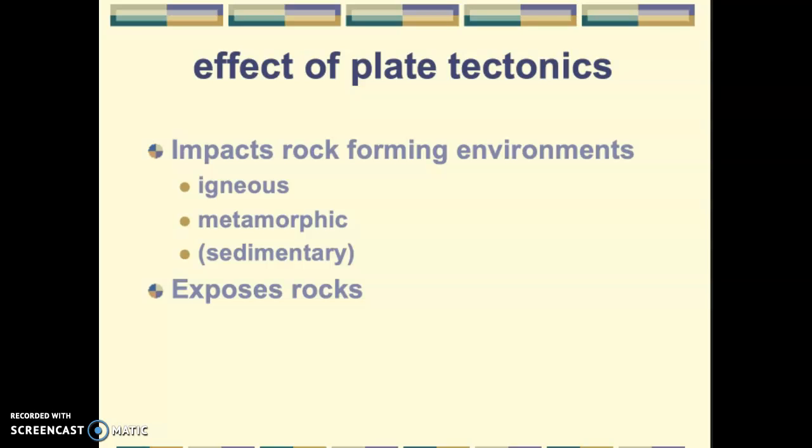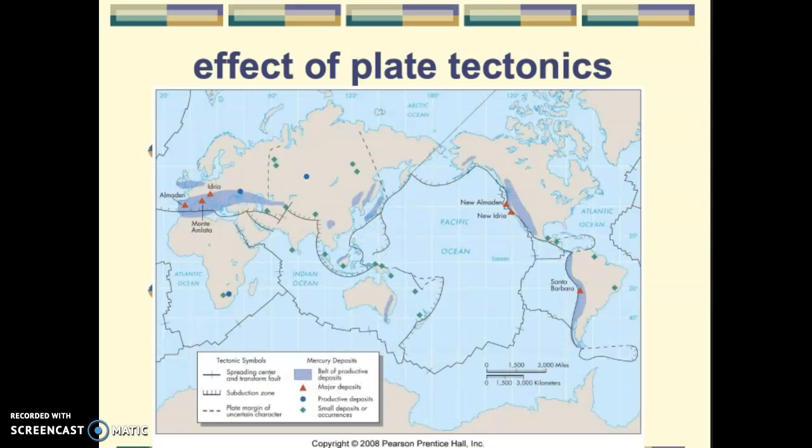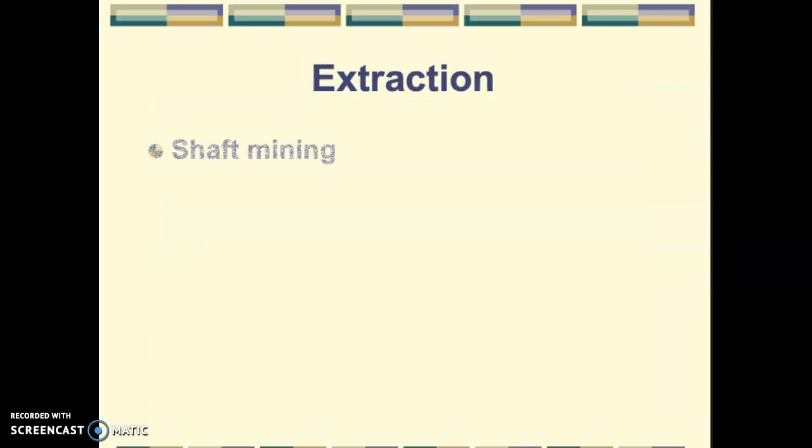So when two plates crash into each other and maybe a mountain range forms, that's going to push rocks that form deep below the surface up to the point where erosion can expose them. So plate tectonics is important to understand if you want to have a general idea of where certain types of rock-forming environments are going to occur or may have occurred in the past.